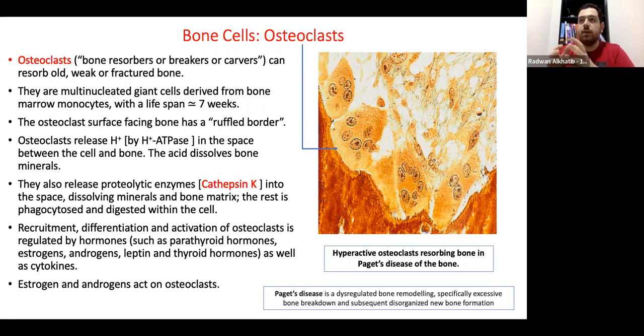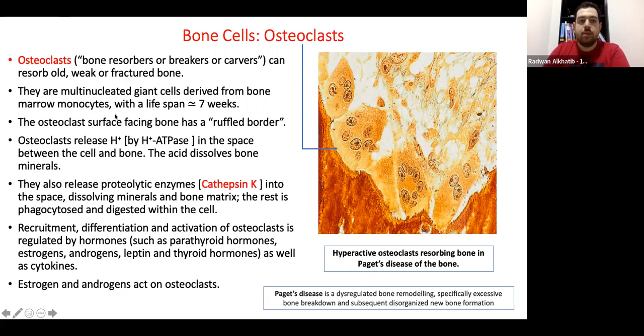Because of that, the osteoblasts, which are the building cells, will come and try to deposit bone as much as they can without caring about the organizational structure of the bone, so not in lamellae, the way that we know. That will end up giving us very weak bones with disorganized structure. You don't need to know Paget disease of the bone, most likely, for your final, because it's too advanced, but I just explained it for you.